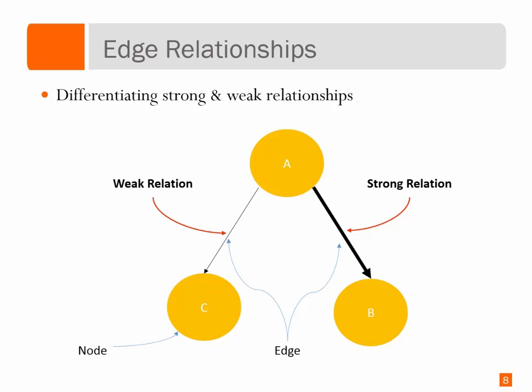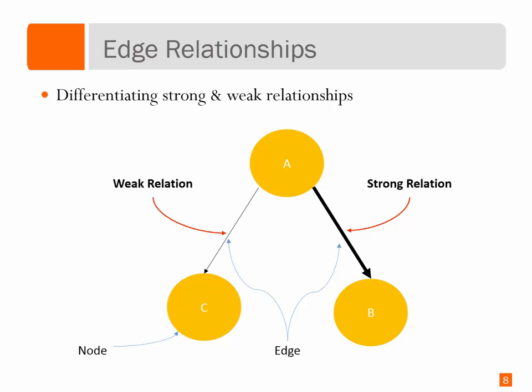So as we discuss relationships, there can be different kinds of relationships in a network diagram, and we can differentiate between strong and weak relationships.